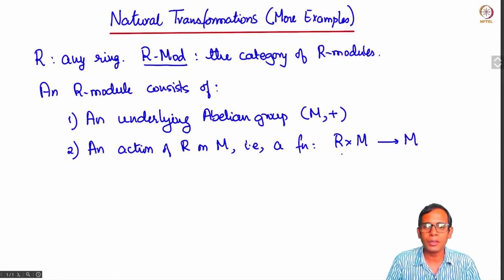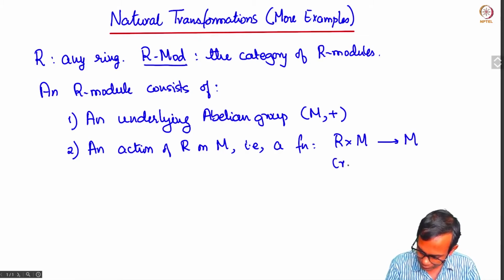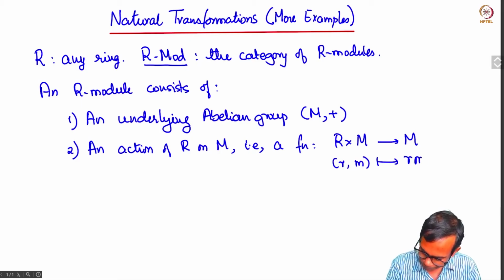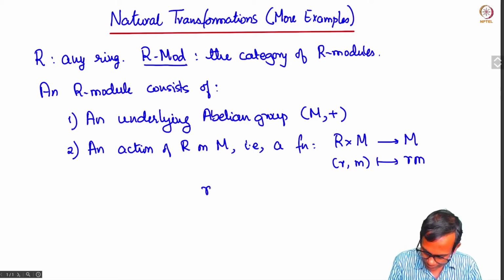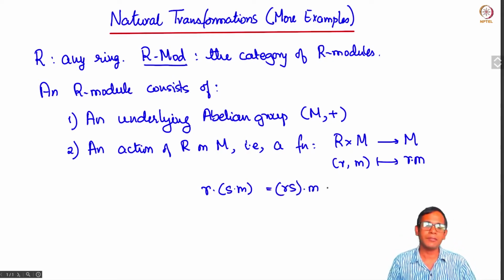You can think of R × M as an abelian group, and this is a function which we usually denote by (r, m) goes to rm, and it must have the property that r·(s·m) is (rs)·m, where this is multiplication in R, so a sort of associativity property.